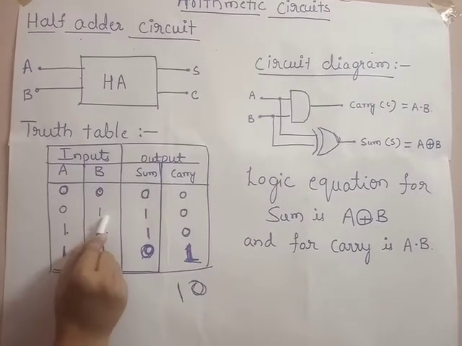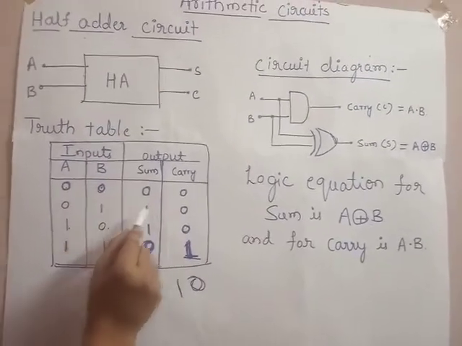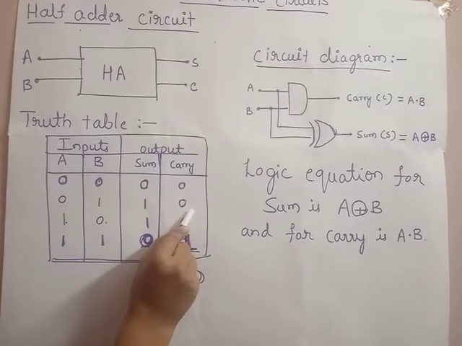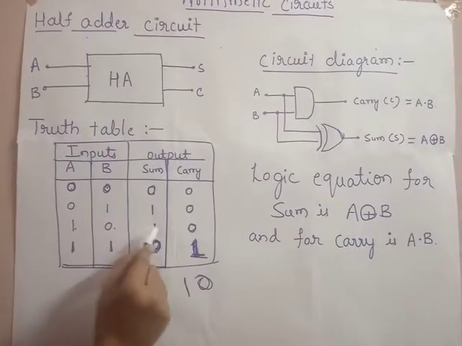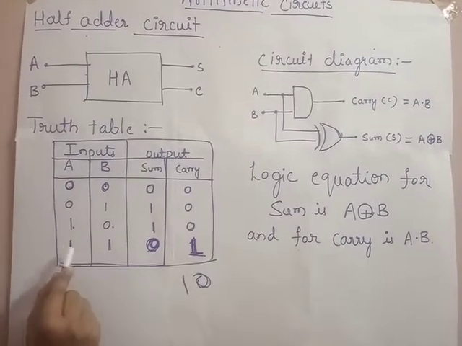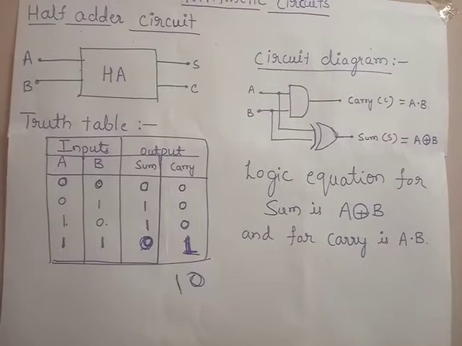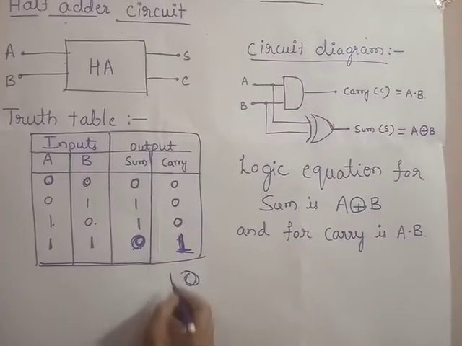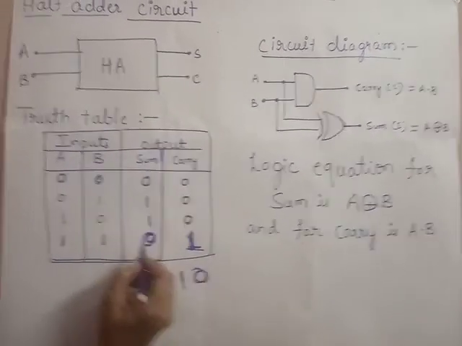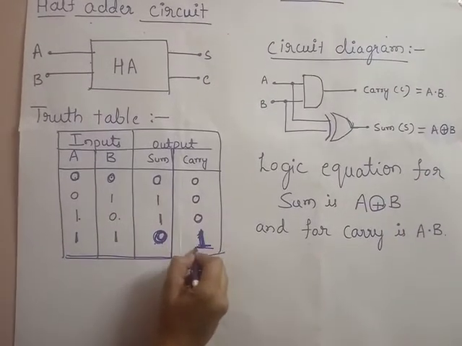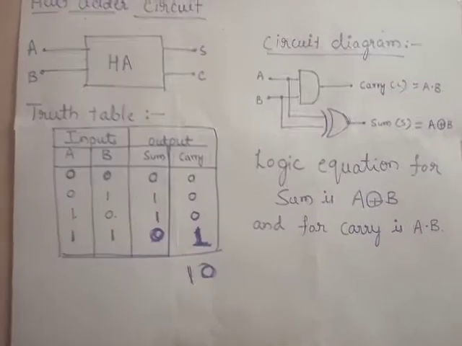If we add 0 and 1, it produces sum as 1 and carry as 0. 1 plus 0 is 1 with carry 0. If we add 1 and 1, it is 2 in decimal, but in binary we write that as 1 0. That's why sum becomes 0 and carry becomes 1 in the case of 1 plus 1.